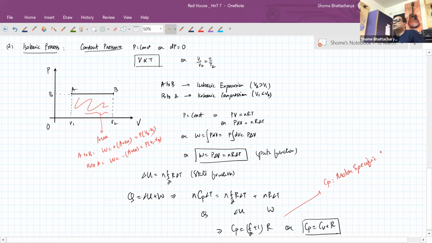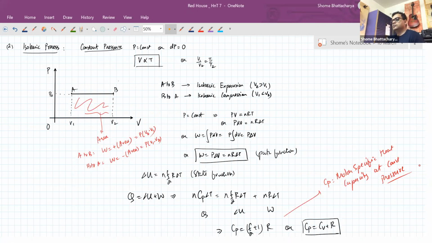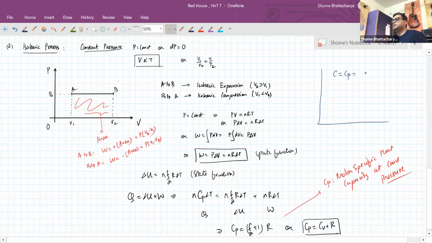Molar specific heat capacity at constant pressure.